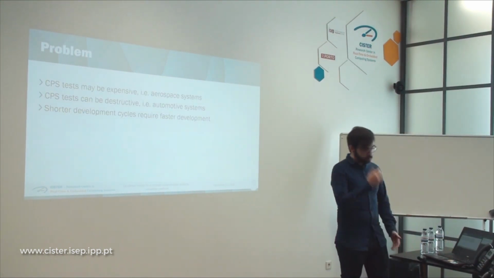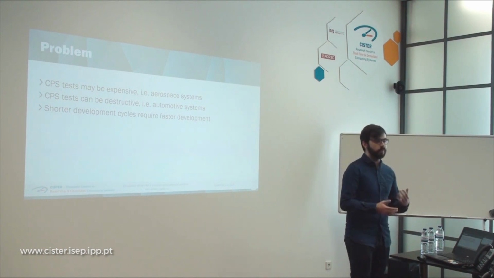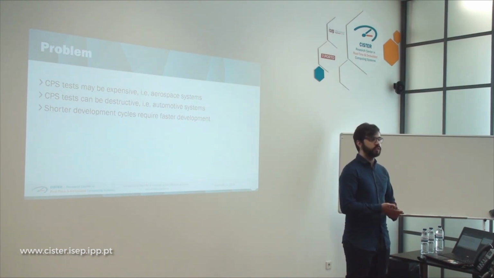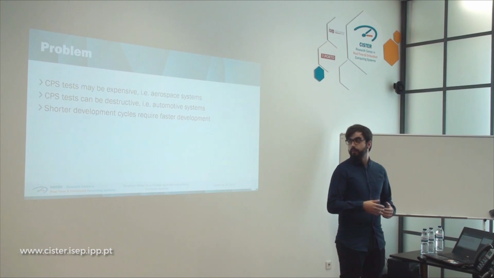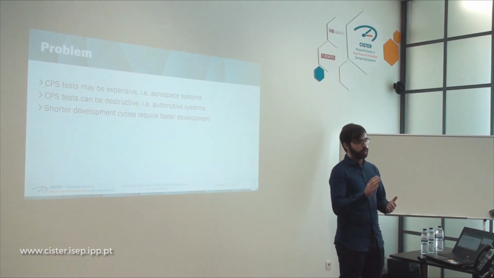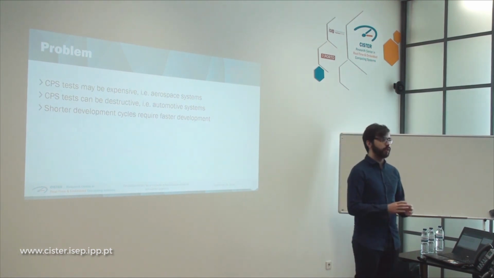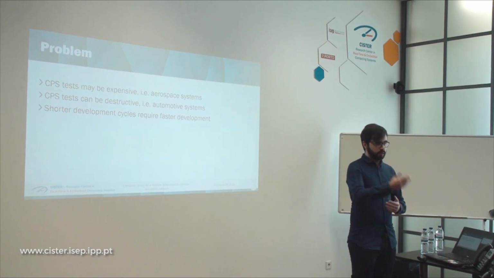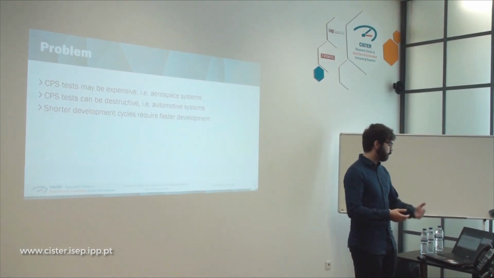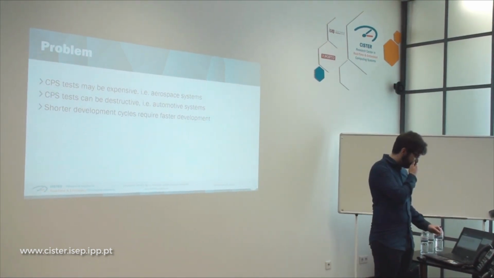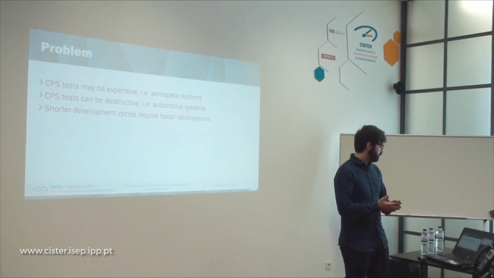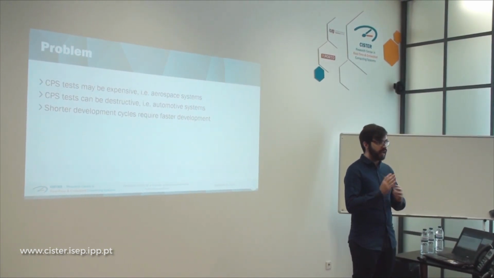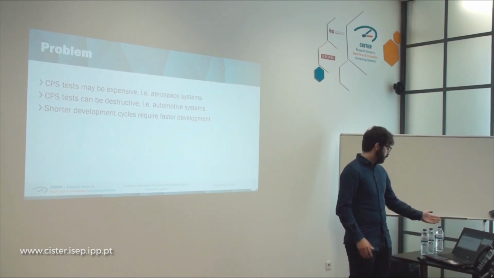So this project, as Claudio said, is part of the KhronoSim project. The KhronoSim project is a project that CISTER is collaborating on with Critical Software. It's about a modular test platform that allows people to develop some testing. If you want to test several physical systems, depending on the area that we're referring to, this may be expensive.